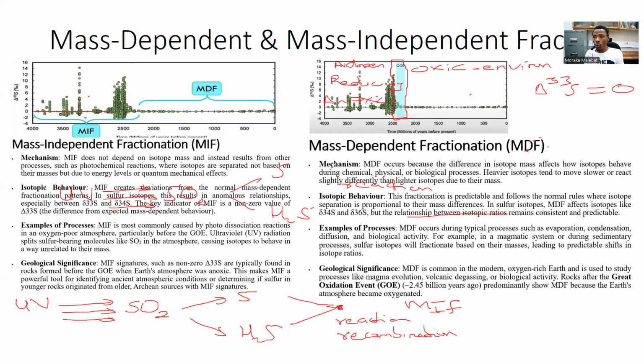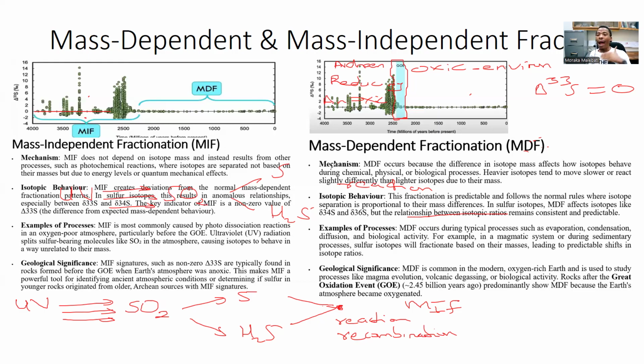We are also looking in the Archean rocks, Archean granites, for example, or Archean basement rocks. So these rocks would have the sulfur isotopes that are showing the MIF.